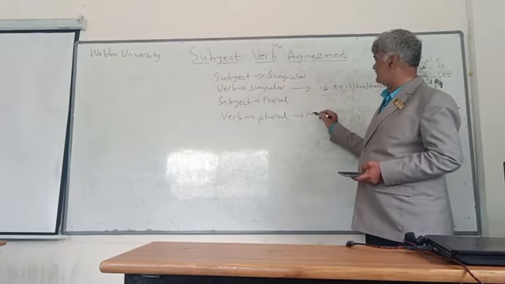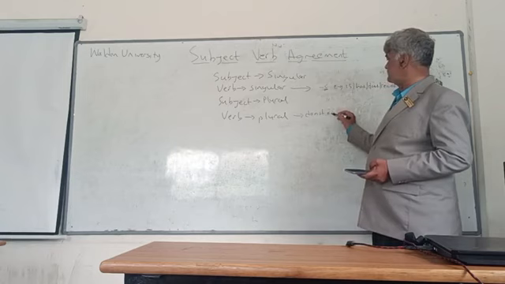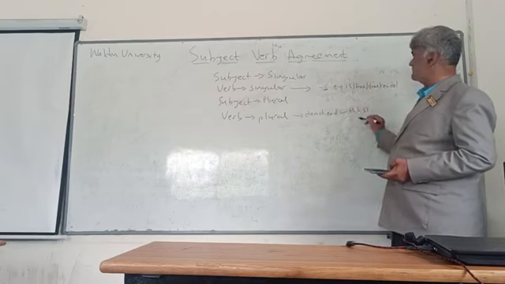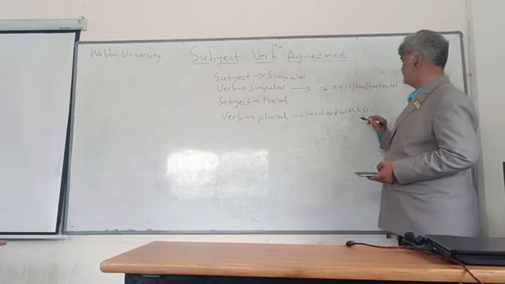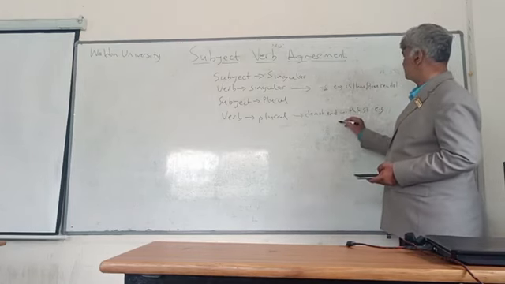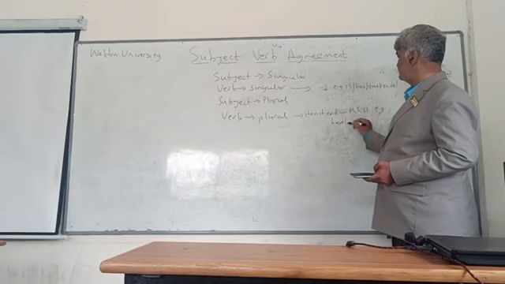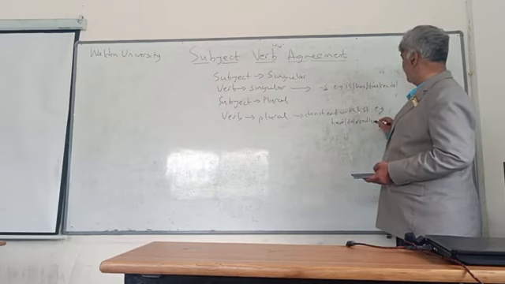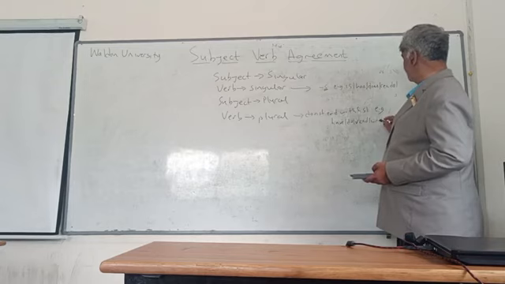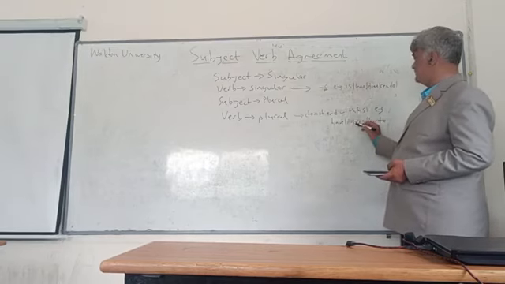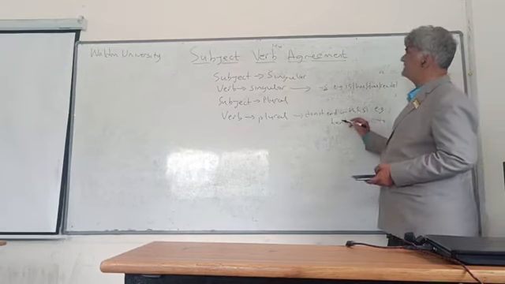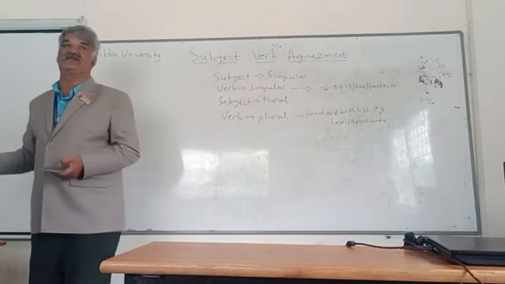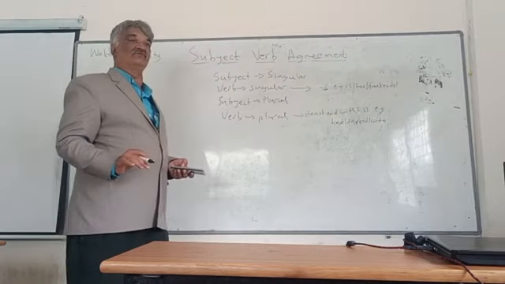Plural verbs do not end with s. Examples are have, do, read, write, etc. See, have ends in e, do ends in o, read. So, this is the basic way in which you can identify singular and plural verbs.